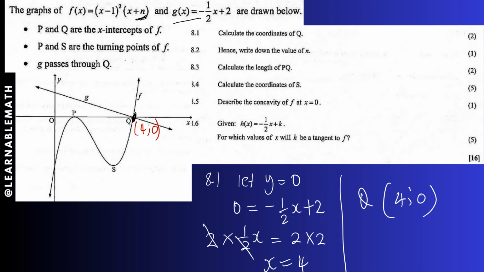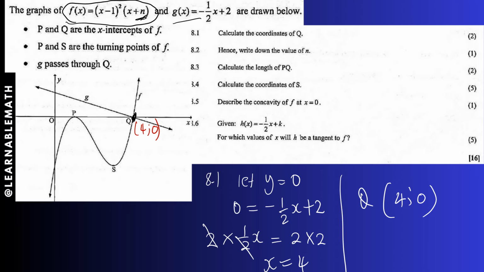Okay, let's go to 8.2. In 8.2, they said hence write down the value of n. The word hence means the answer we got in the previous question must assist us to get the answer in the current question. n is in the function of f.